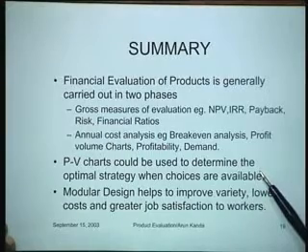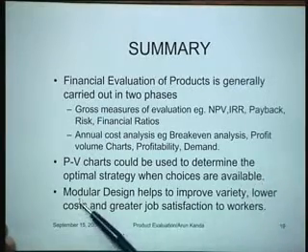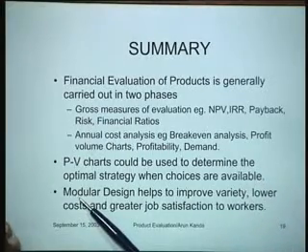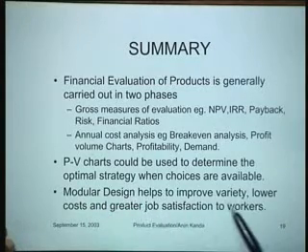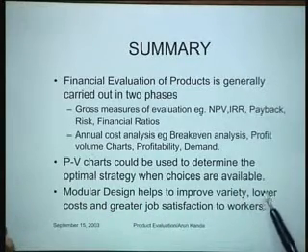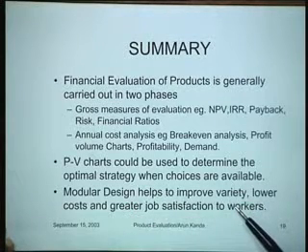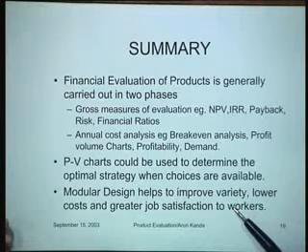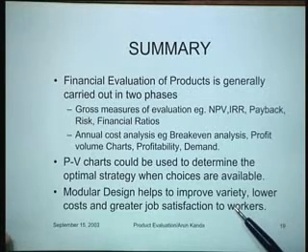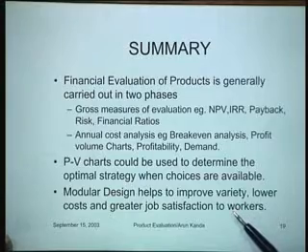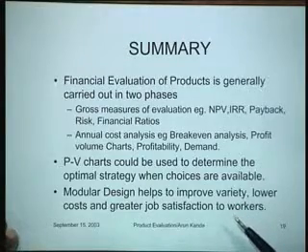That was one interesting thing. And secondly, we had looked at the notion of modular design, which helps to improve variety, lower costs, and results in greater job satisfaction to workers. In fact, we had taken an example in which we had seen how different combinations could be evaluated, and ultimately you could determine the best possible design.